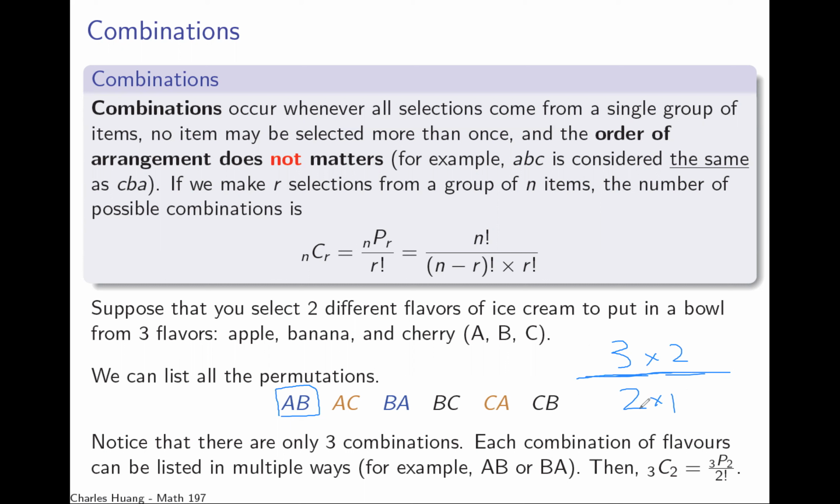We count each of them 2 times. So I take 3 times 2 divided by 2 times 1. And this is why we have the extra term in the denominator, to divide out all the double countings, triple counting, or duplicates that we have of the same set.